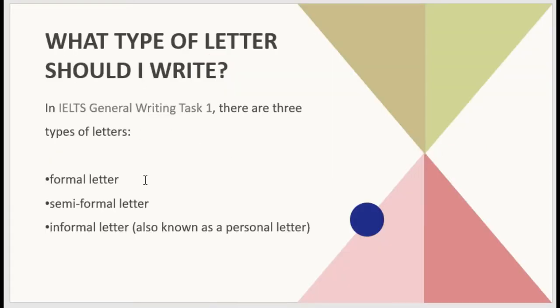What type of letter should I write? In IELTS General Task 1, there are 3 types of letters: formal letter, semi-formal letter, and informal letter, also known as a personal letter. Formal and informal letters we are familiar with, right? But semi-formal letters, we'll be discussing that.